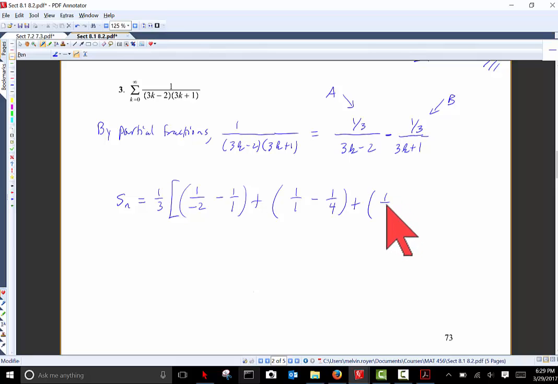Then there's a 1 over 4 minus 1 over 7, there's a pair, plus ... and then the very last term is when k equals n, and I get 1 over 3n minus 2 minus 1 over 3n plus 1. So close that pair, and then close the square bracket. All of that is times the 1/3.